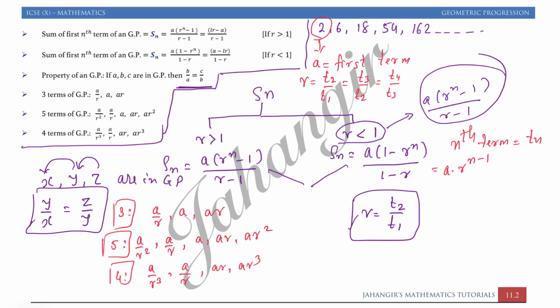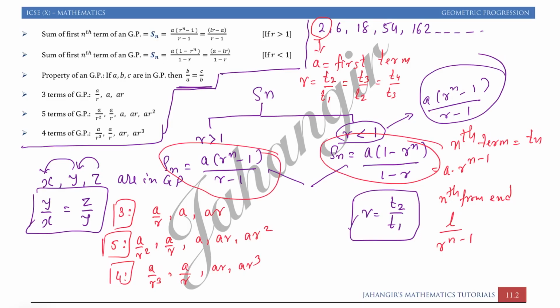This is the formula for the nth term. For the nth term from the end, if you want to find some specific term, we can write L upon r raised to n minus 1. The formula for the sum is based on r. If r is greater than 1, we can use this formula. If r is smaller than 1, we can use the second formula. Hope it's clear to you.